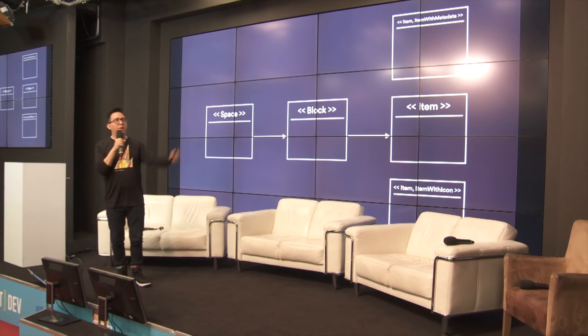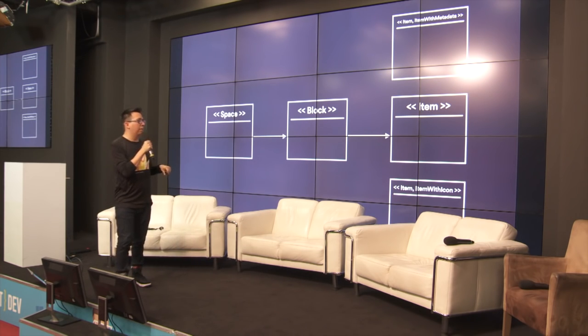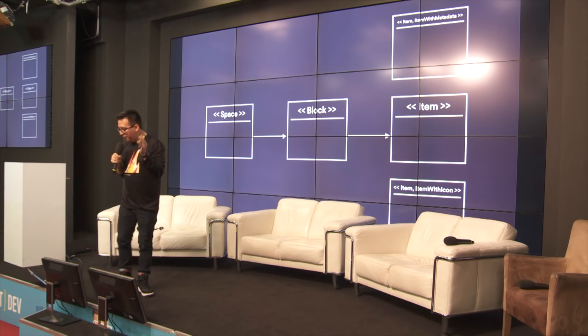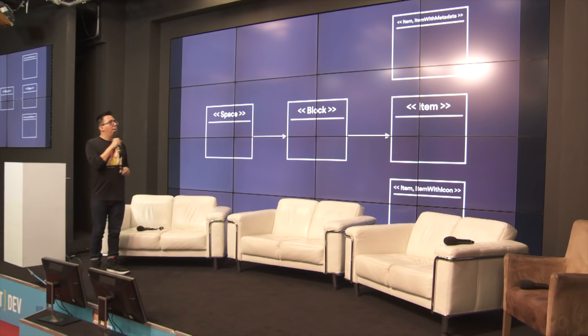And if we deal with very particular cases, like a page with tracks or a page with something that I didn't think about, then we use composition of protocols. So we have, let's say, item with metadata, or item with icon, or a few other items that I don't remember right now, but we scale this complexity with protocols.